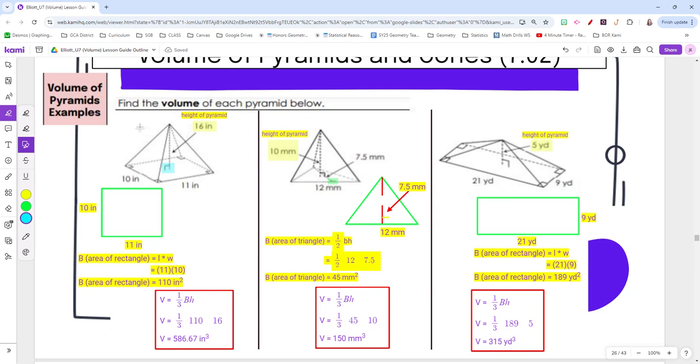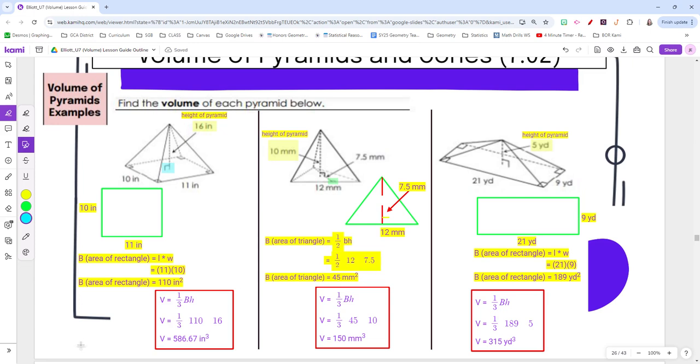Now, once I get that information, what I need to do next is calculate the area of my rectangular base. To do that, we are going to multiply length times width, which is going to give us 11 times 10. The area of the rectangular base is 110 inches squared.